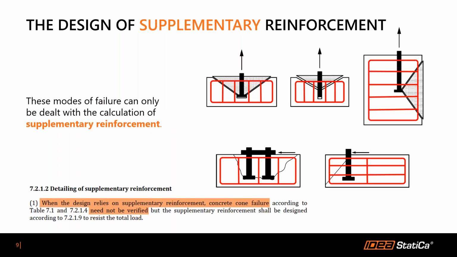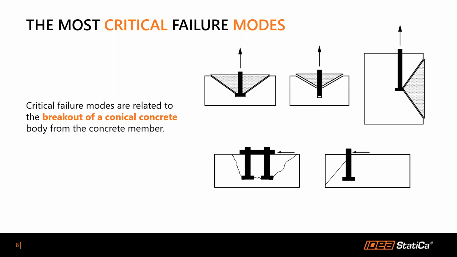How to avoid that? The first option is that you just make the concrete block larger, deeper, and bigger overall. That sometimes helps, but it is of course not economical, and sometimes you even cannot enlarge the concrete block because you are limited in space.